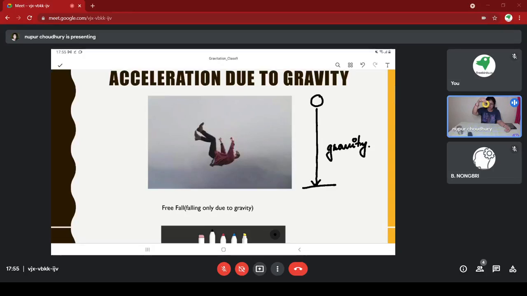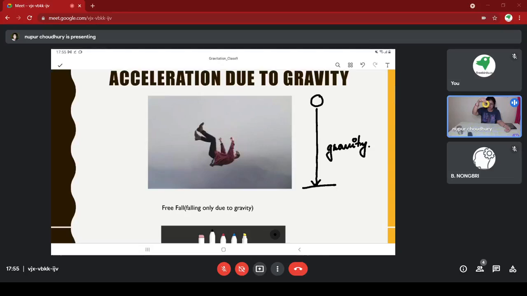Now, if I'm considering the Earth, and I consider there is an object A here and another object B here, the Earth is pulling this object as well, and the Earth is pulling this object as well, right? This we have already done, because we understand that the Earth is pulling everything towards it because it has a higher mass.